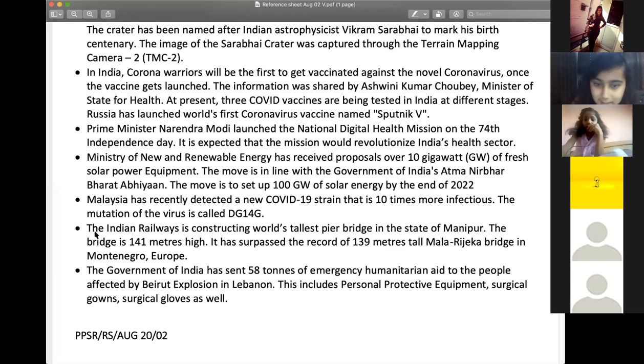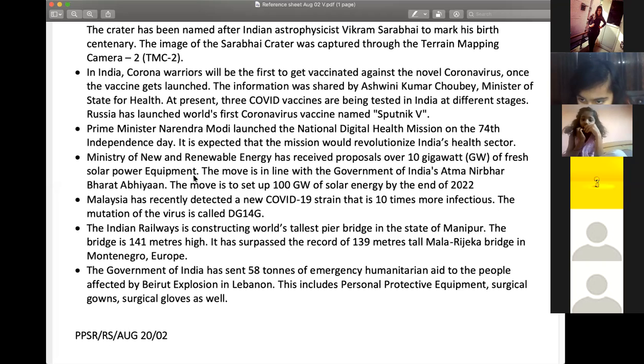The Indian Railways is constructing the world's tallest pier bridge in the state of Manipur. The bridge is 141 meters high. It has surpassed the record of the 139 meters tall Malaranka Viaduct in Montenegro, Europe.